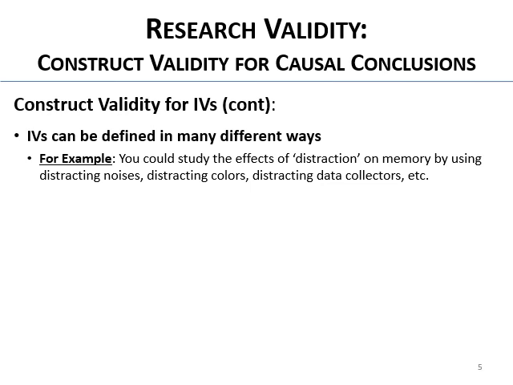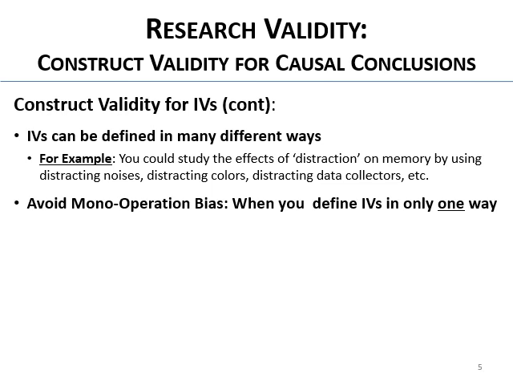It could be distracting noises, it could be distracting colors, it could be distracting data collectors, etc., and so forth. So there's lots of different ways you can operationally define your independent variables. But whatever you do, you want to make sure you avoid mono operation bias. So mono operation bias is when you define your IVs in only one way.